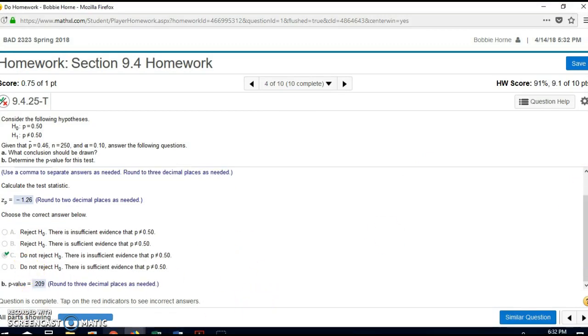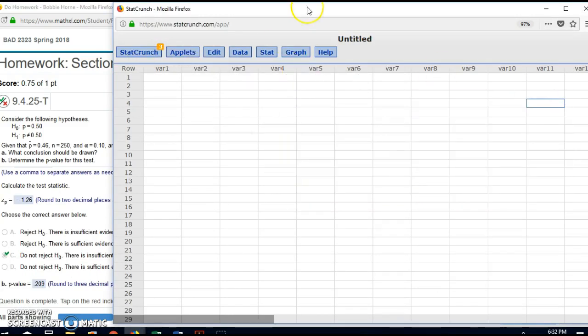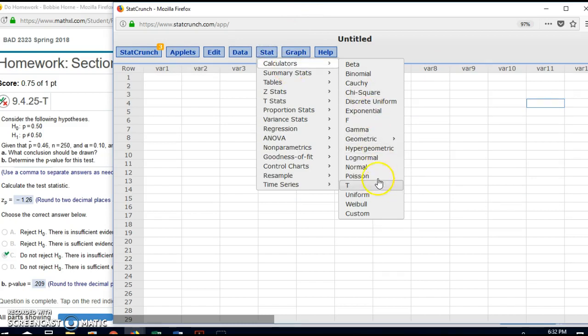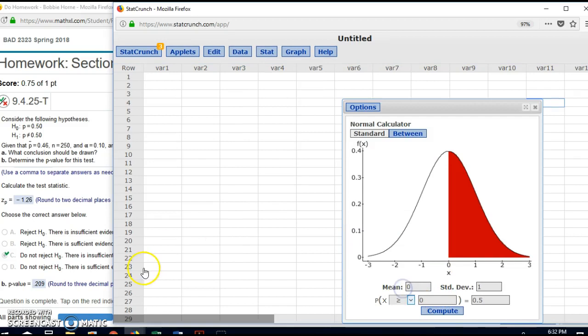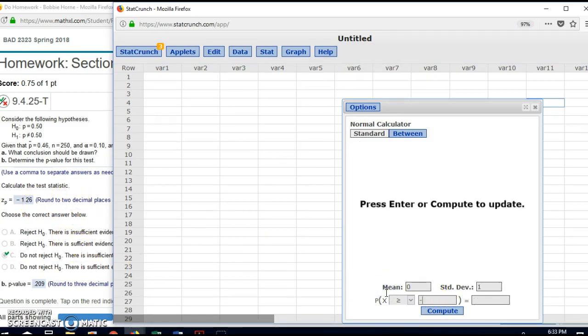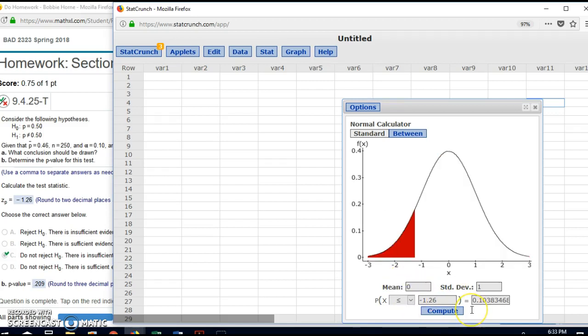And then the p-value, go back to where we were. Stat, calculator, normal. And the p-value, you put in the test statistic. Hold on just a second.